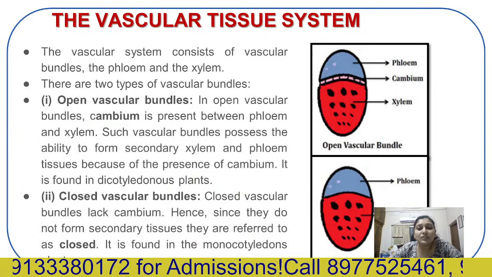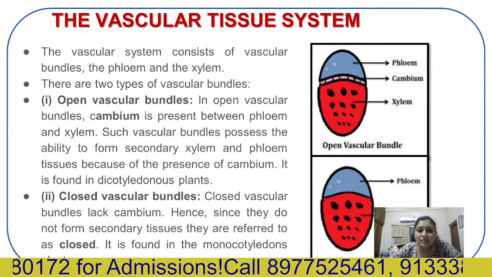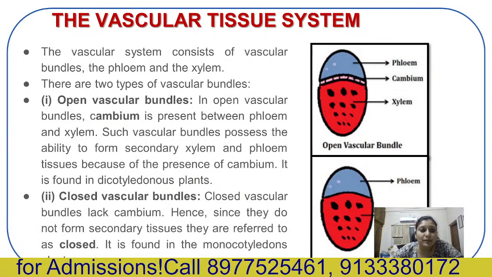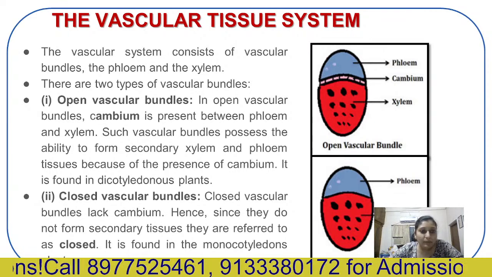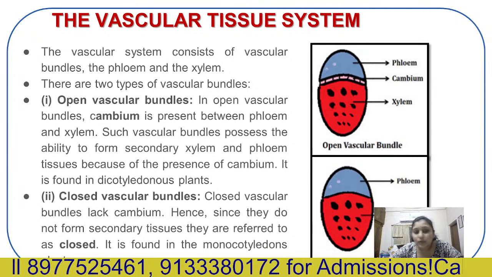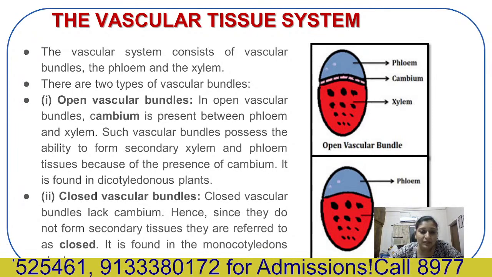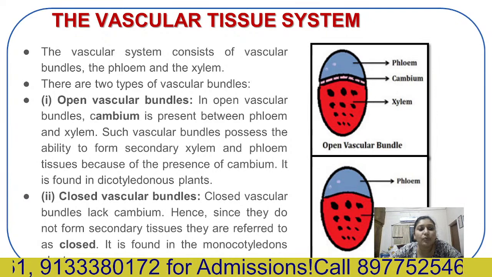Now, the vascular tissue system consists of vascular bundles, phloem and xylem. There are two types of vascular bundles: open and closed. In open vascular bundles, the cambium is present between phloem and xylem.